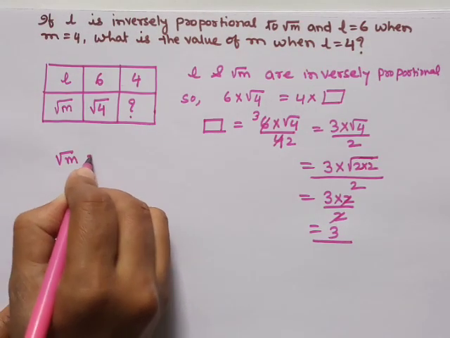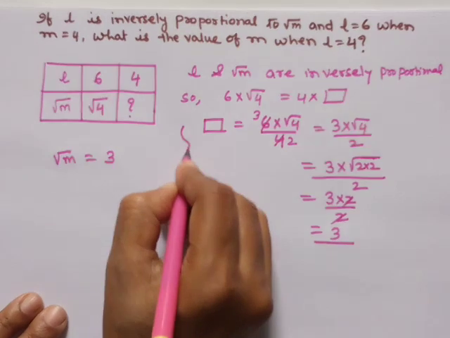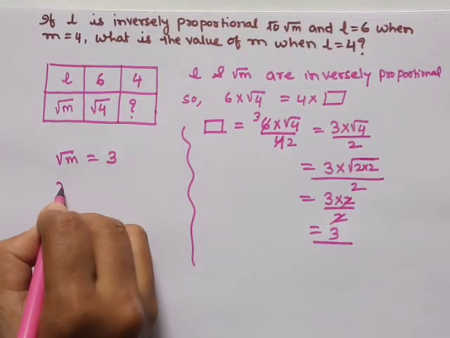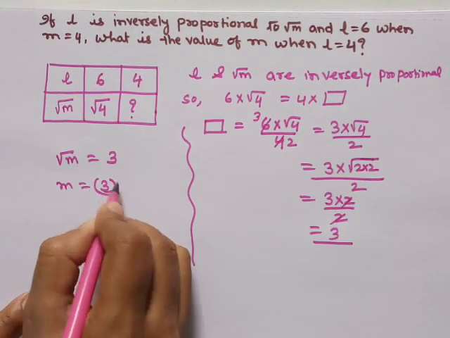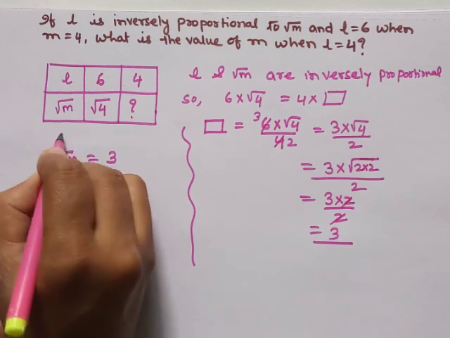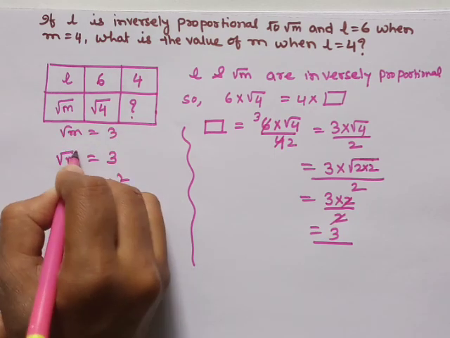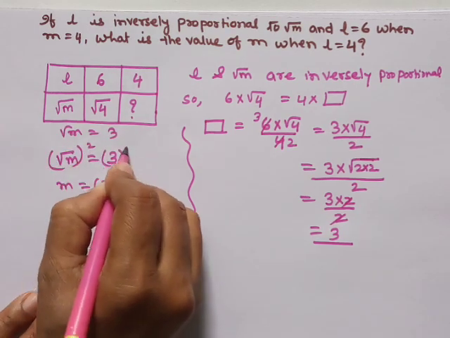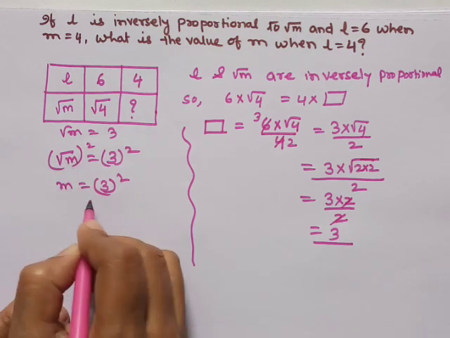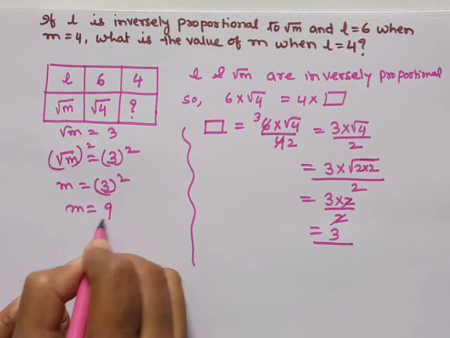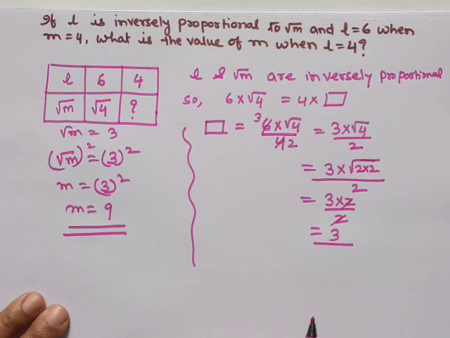Root m is equal to 3. So m will be equal to 3 squared, because when you square both the sides, this root will be gone. So your m will be equal to 9. I hope children you got the point here.